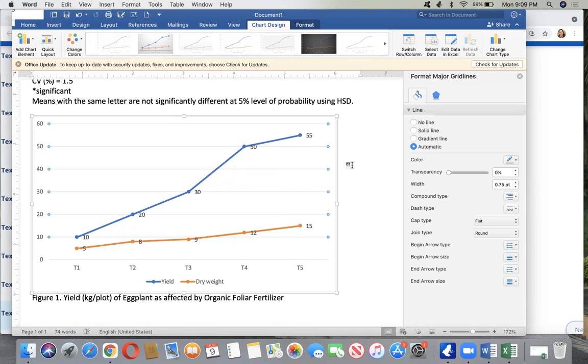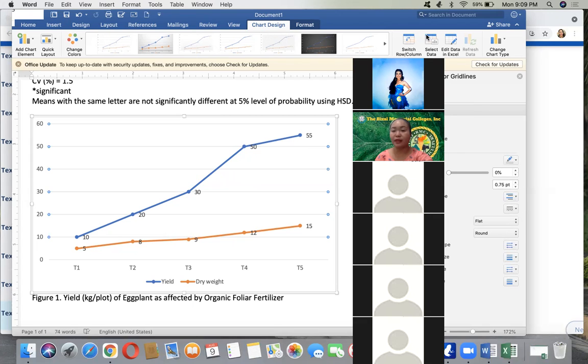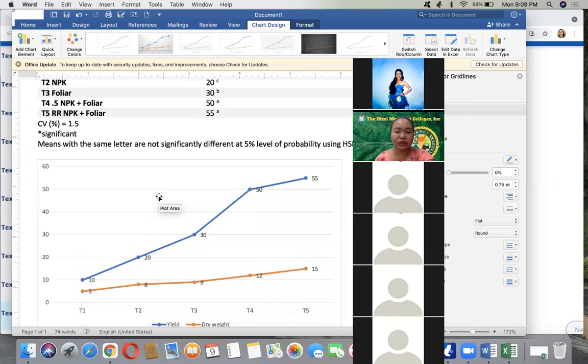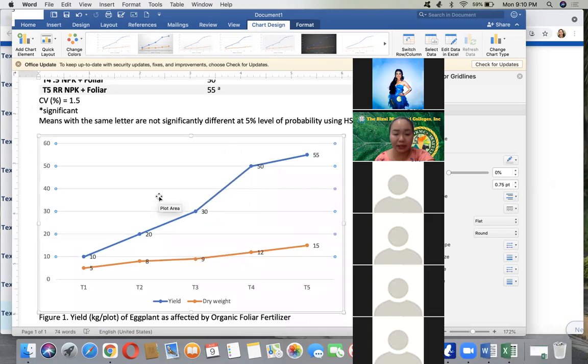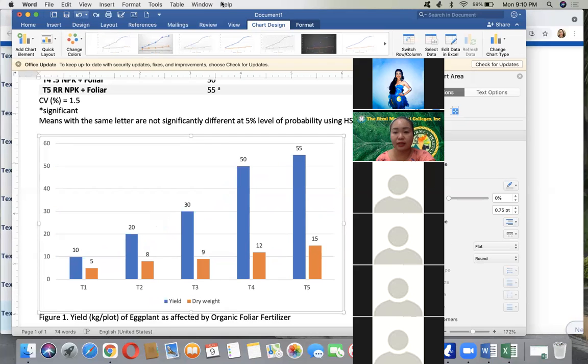A line chart is used to see the increase or history over time. But because this is to see the difference between treatments, you should always use the bar chart, not the line.